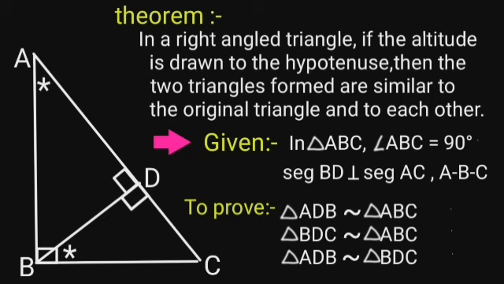Segment BD is perpendicular to segment AC, and D is between A and C. We have to prove triangle ADB is similar to triangle ABC, triangle BDC is similar to triangle ABC, and lastly, triangle ADB is similar to triangle BDC.